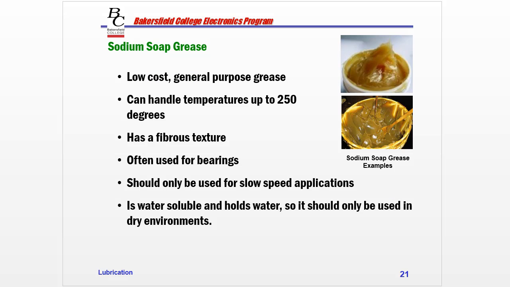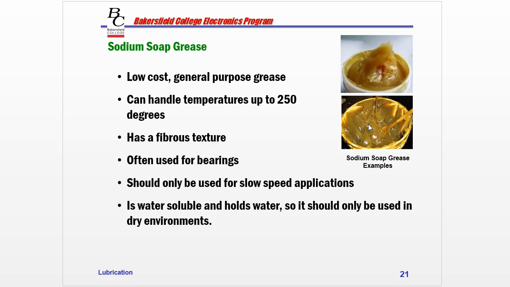The next type is sodium soap grease. So it's a low cost, because sodium is pretty plentiful, general purpose grease. Wow, look at 250 degrees. So that's 70 degrees higher than the calcium or lime grease. It has a fibrous texture when you feel it in between your fingers.